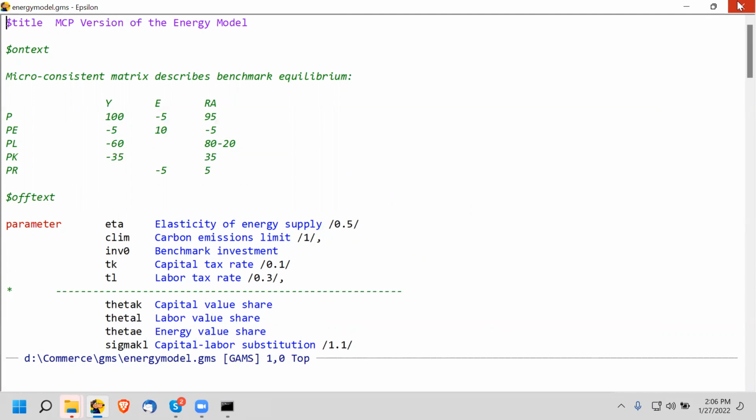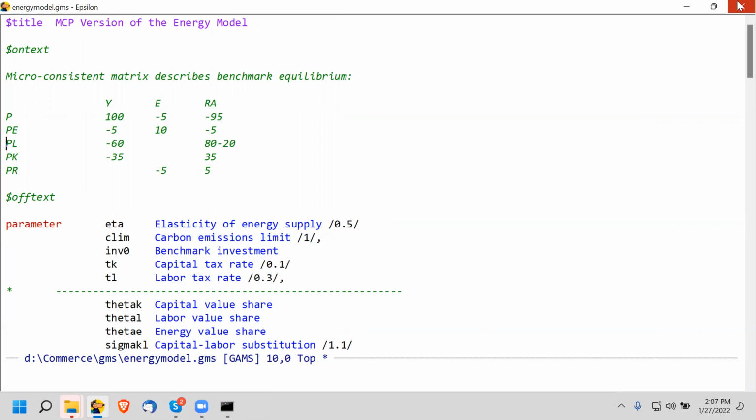We have a functional form for Y with energy, labor, and capital. Then we have E, which combines a specific factor with output of the Y sector to produce energy. I'll come back to how that works. Then we have the representative agent.